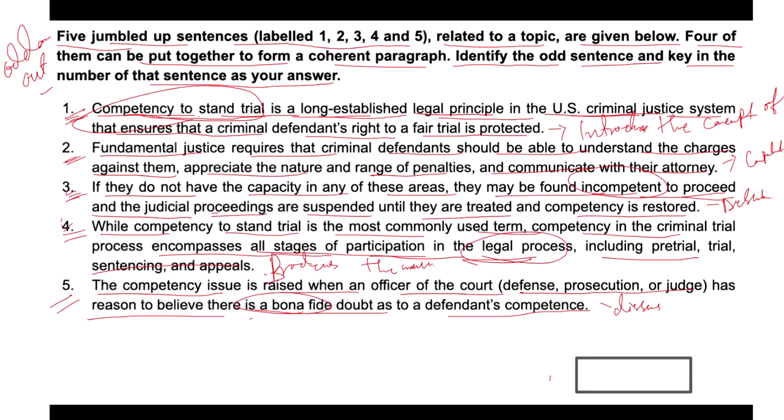And four also states that competency to stand trial is the most commonly used term. But if I look at the fifth sentence, it is the odd one out, because it shifts focus to the procedural aspect.